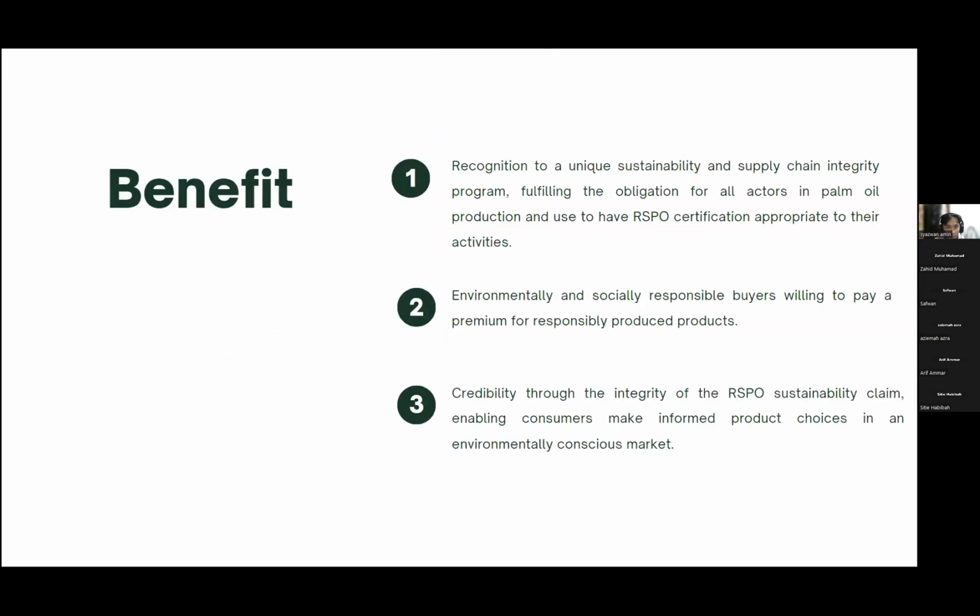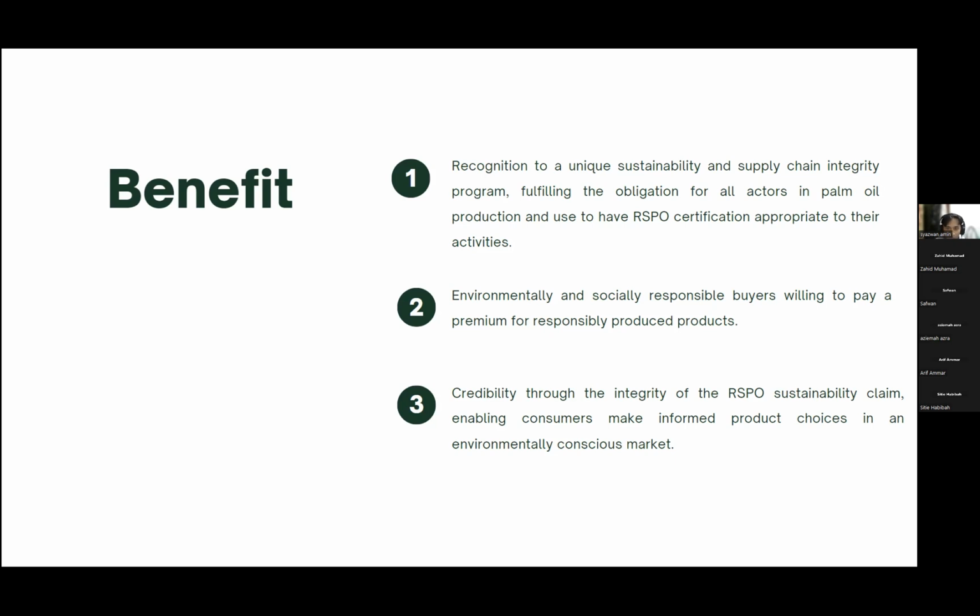The benefits of RSPO. First, connection to a unique sustainability and supply chain integrity program, fulfilling the obligation for all actors in palm oil production and use to have RSPO certification appropriate to their activities.